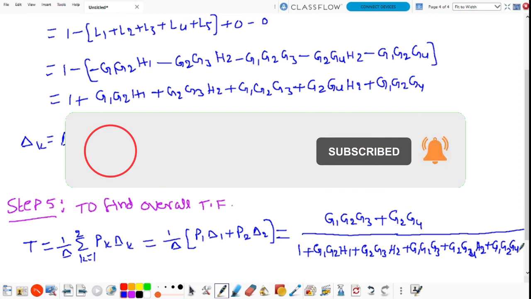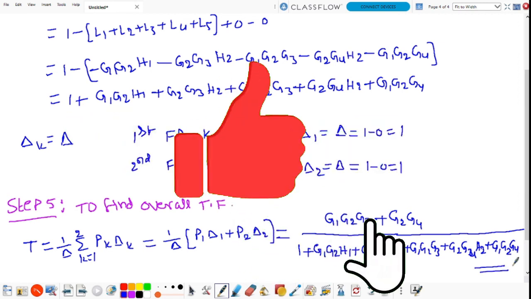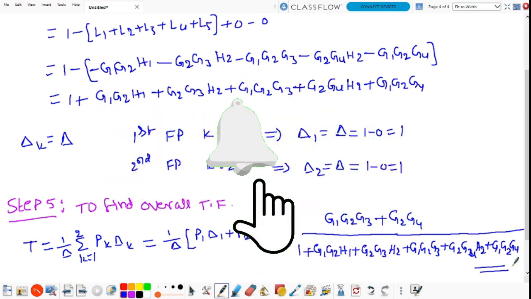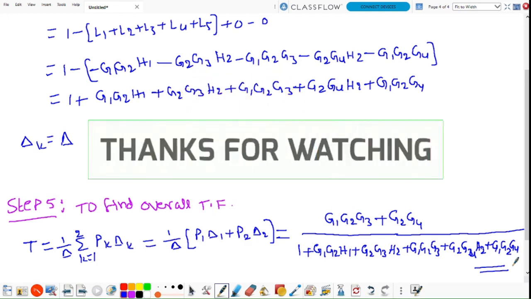So this is the overall transfer function of the given block diagram. The given block diagram was converted into a signal flow graph, so using the signal flow graph procedure, this is the transfer function of the given system.